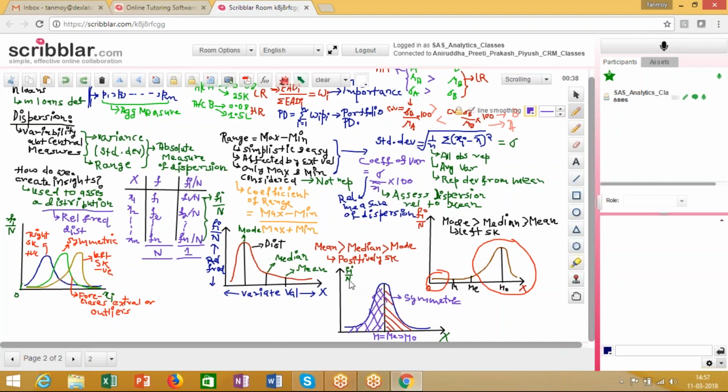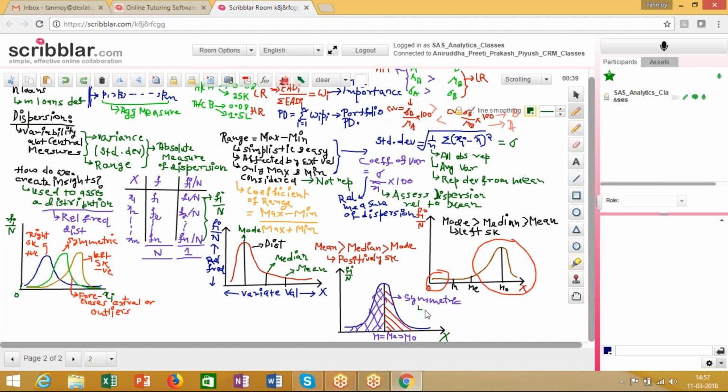Over here you can clearly see that there are some extreme values or outliers, but in this case it is not so. These tails are evenly spread. The tail end values are evenly distributed.